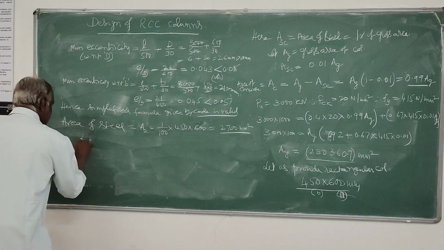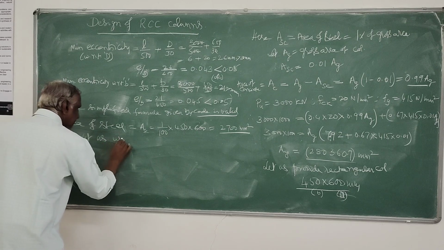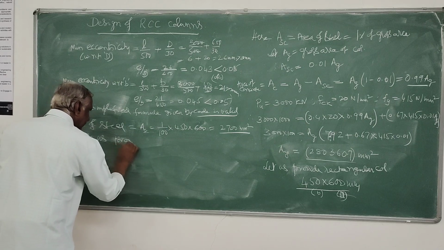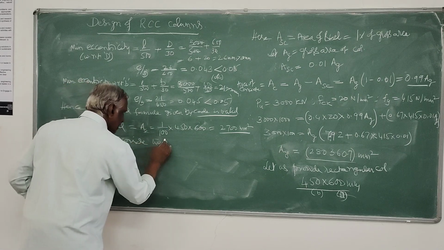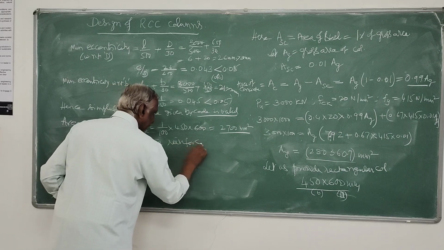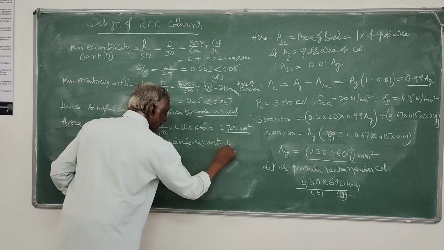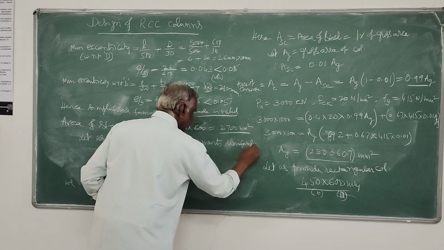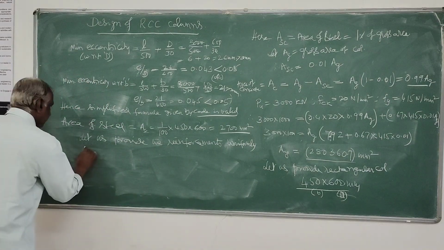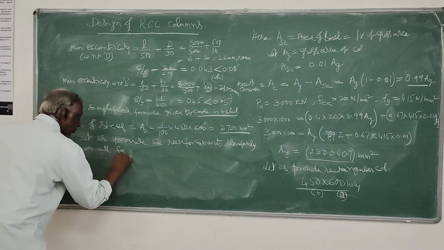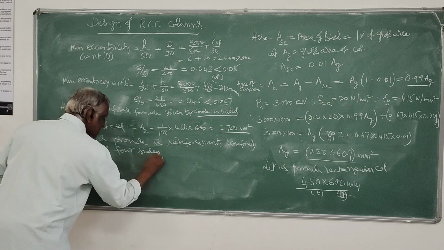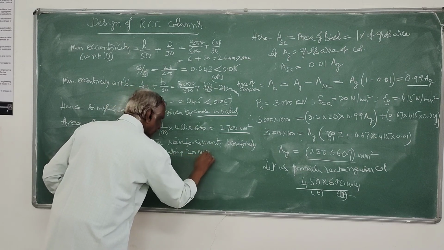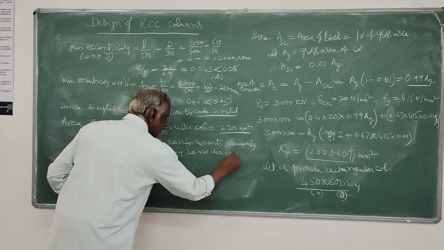So let us provide the reinforcements uniformly on all four sides using 20 mm dia bars.